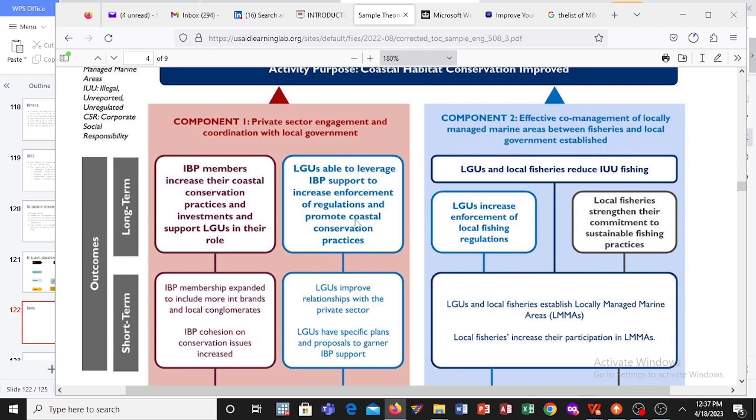So they are theorizing and making assumptions about what will actually lead to this long-term outcome. Under component 2, they have effective co-management of locally managed marine areas between fisheries and local government established. LG increased the enforcement of local fishing legislations, and local fisheries strengthen their commitment to sustainable fishing.